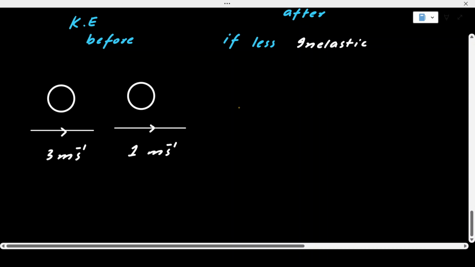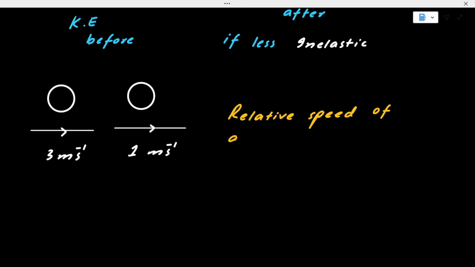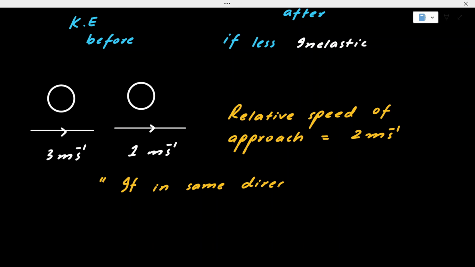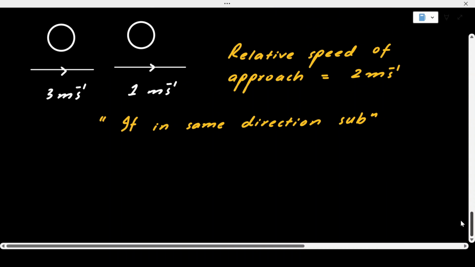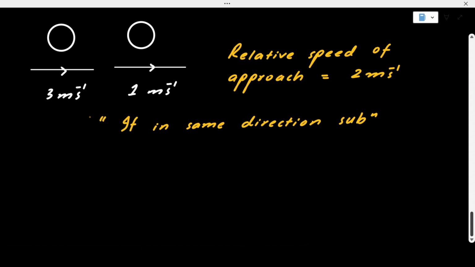So the relative speed of approach, and if in the opposite direction, I don't need to draw it, we don't have enough time. If they're in the opposite direction, add the relative speeds.